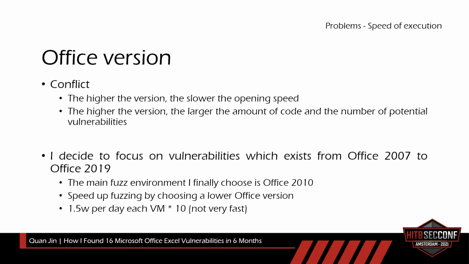After making this choice, I can speed up fuzzing by executing the file in a lower Office version. Although Office 2007 and Office 2010 have been withdrawn from the support list, they are useful if the crash files collected in these environments can affect the latest version of Office software.